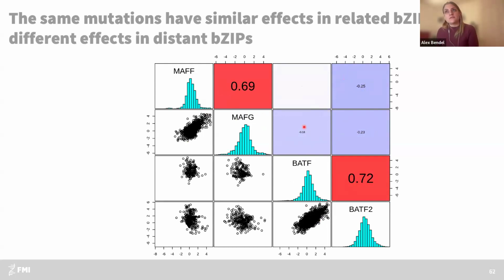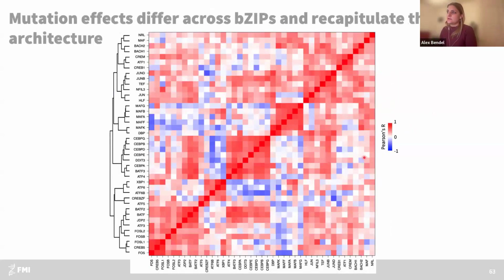So here the mutation effects are very different. And if we plot this for the entire network, the correlation between the mutation effects, we see that this nicely recapitulates the family architecture of the bZIPs. So we have the subfamilies clustering together with high correlation, and in between the subfamilies, we have lower correlations.